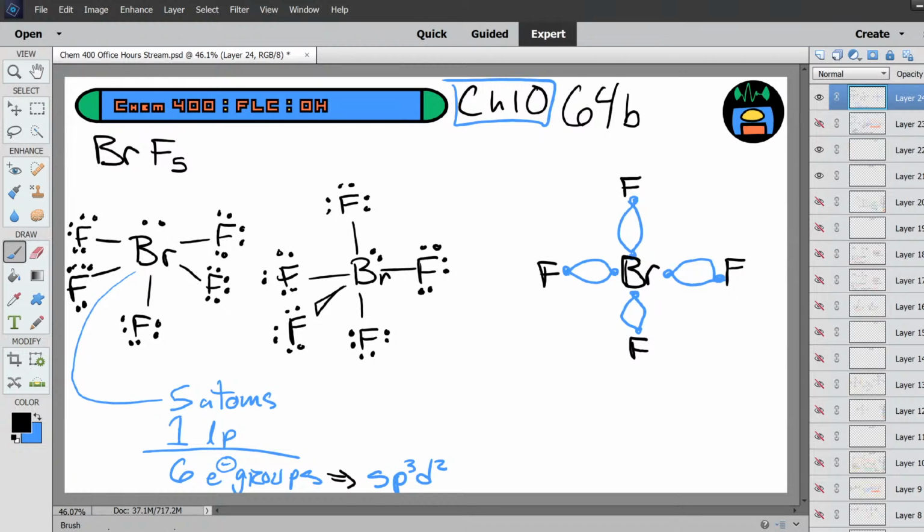And then that 5th one is going to come wedged out. So it's kind of out in front.